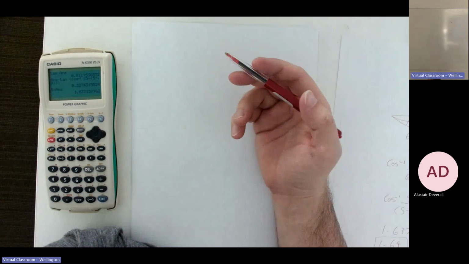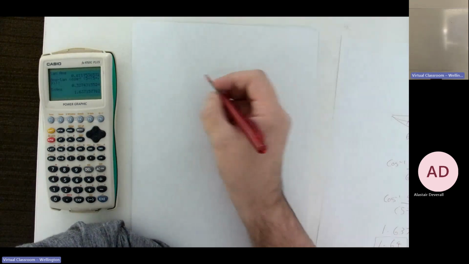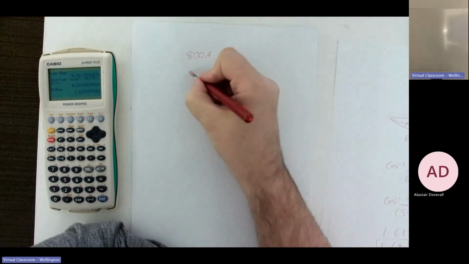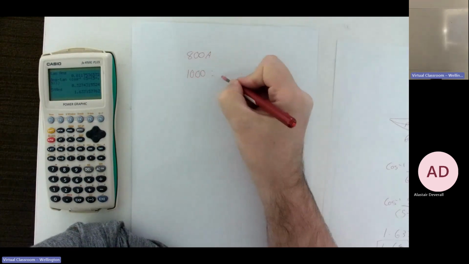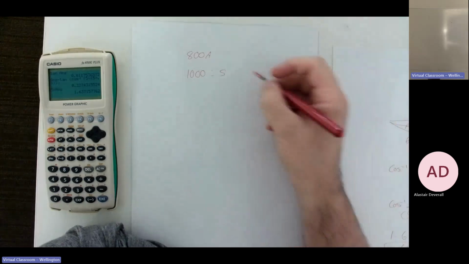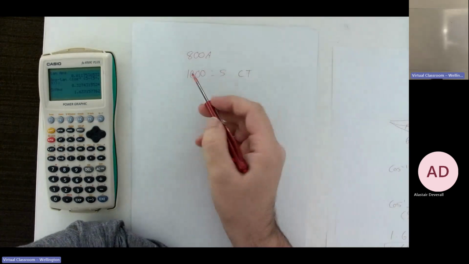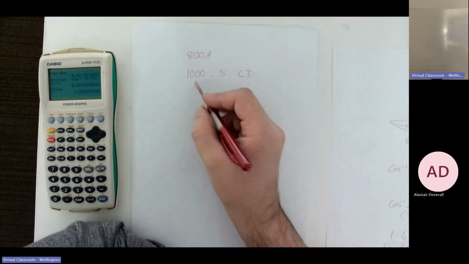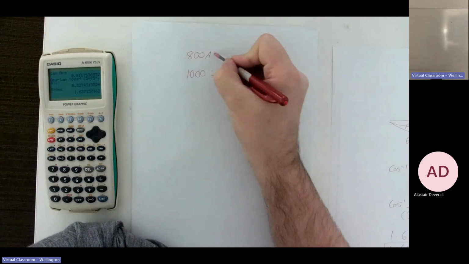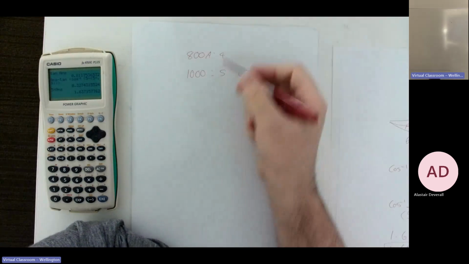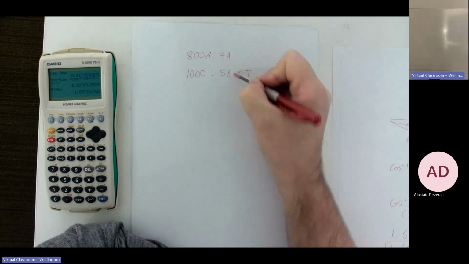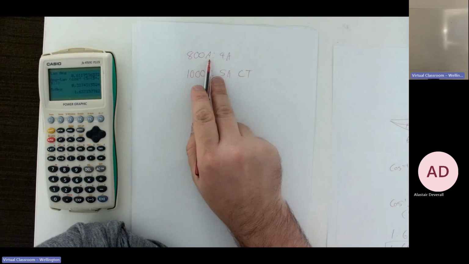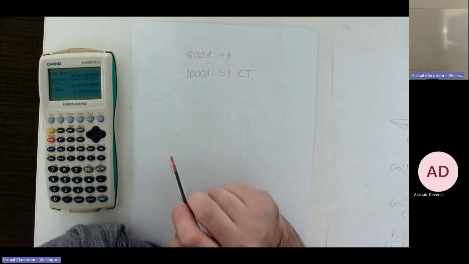It is currently drawing 800 amps. So we've got 800 amps flowing, and we've got a 1,000 to 5 current transformer, so CT. What that means is we're only actually using 800 of the 1,000 it can measure. It maintains the same ratio, so we would end up with 4 amps. If we had 1,000 amps flowing, we would have 5 amps. If we've got 800 amps flowing, we have 4 amps on the current transformer.